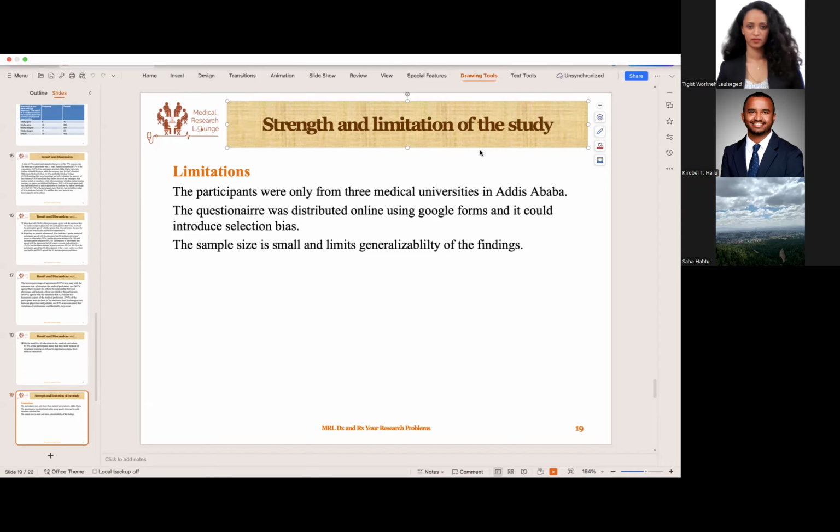So we thought that just like the study from the province in India, we can adapt it to our setup. And there was no validation process, but we tried to pilot test it on 5 medical students.